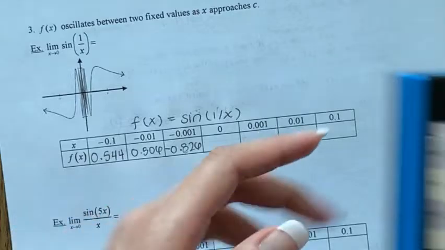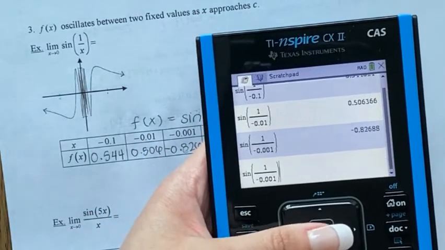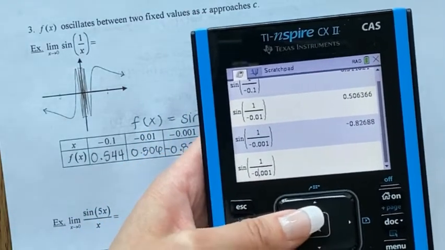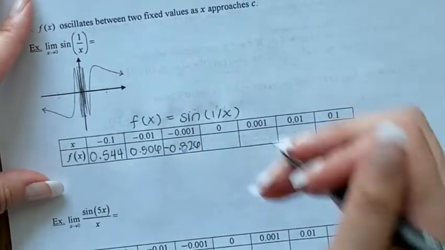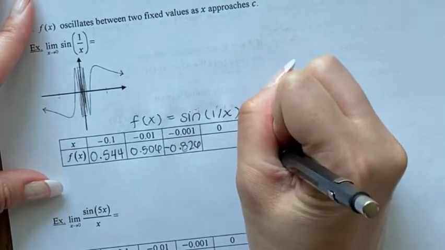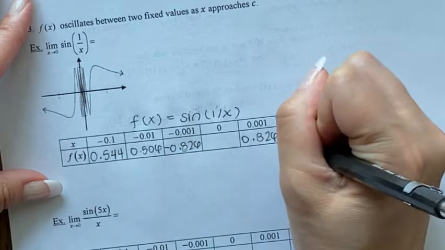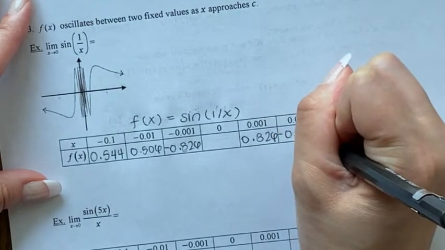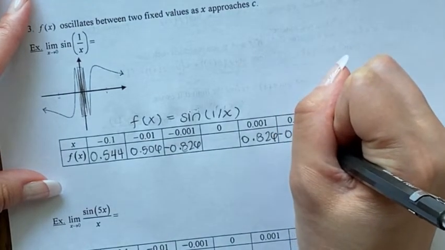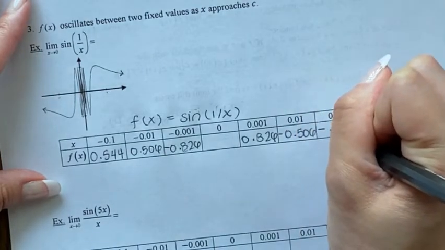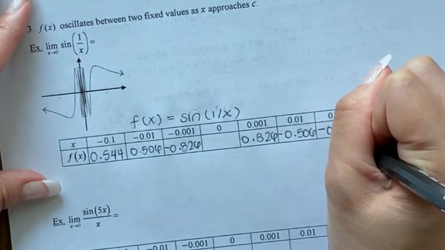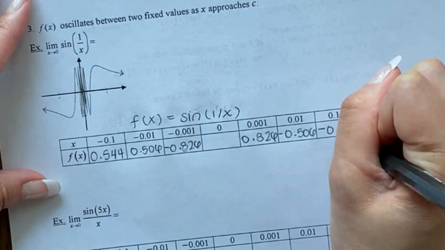After that, you evaluate this at positive 0.001, which gives you the same value but positive. And then this one is going to be the same value but negative, negative 0.506, and this one is also the same value but negative, negative 0.544.